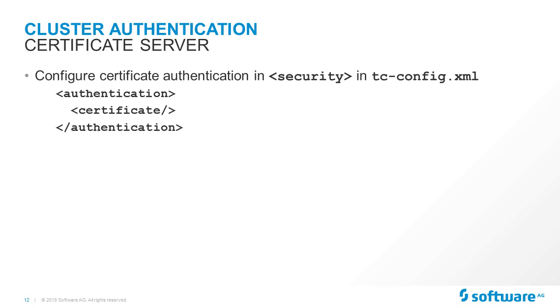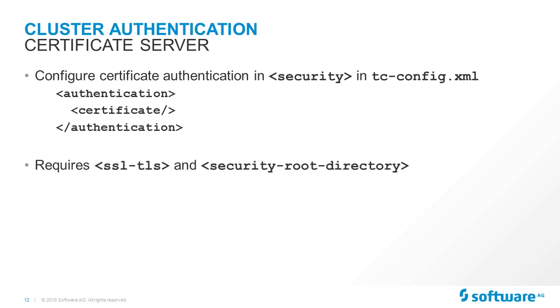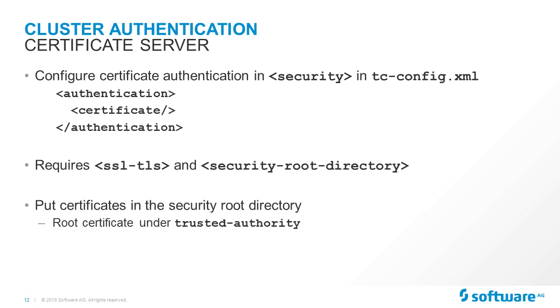If you use a certificate scheme like this, you also must specify the SSL/TLS tag to explicitly turn on SSL/TLS, and also the security root directory to point to the directory where the certificates that the server requires are stored. So you put the certificates that are needed in that security root directory. The root certificate goes in the trusted authority directory, and the identity certificate for the server goes under the identity directory.